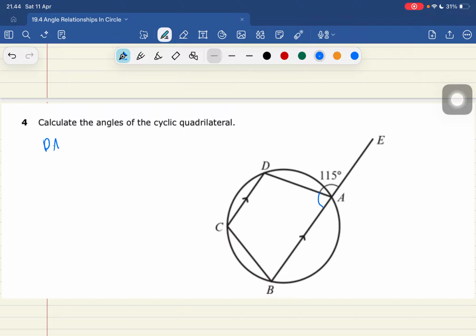The whole is 180, so we make 180 degrees minus 115 degrees, so the angle DAB equals 65 degrees. What other information can we get?